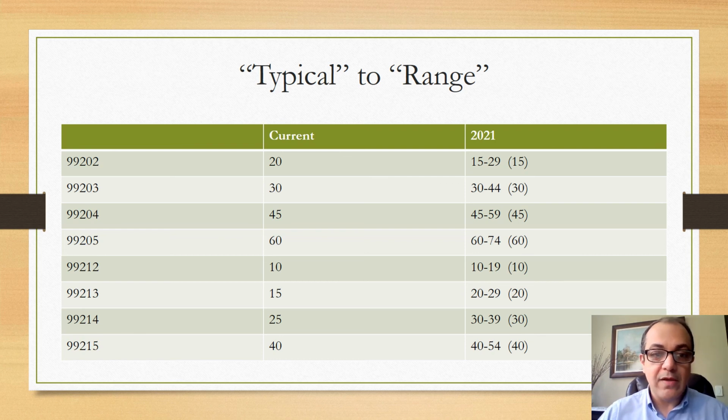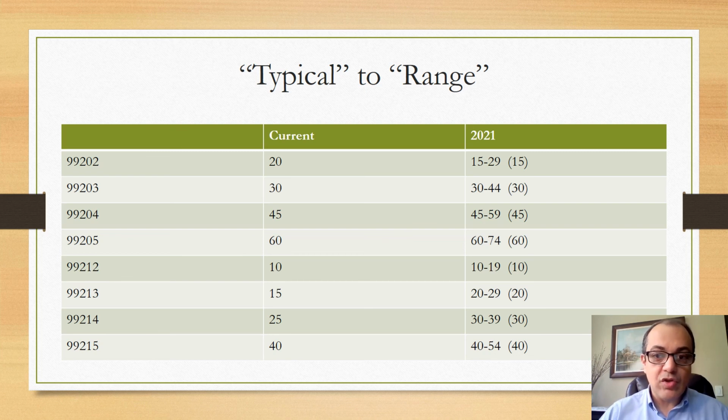For example, here in 99202, the current system wants you to write a typical time of 20 minutes, but for the new system, I put in parentheses 15, meaning that you can use 15, you can use 20, you can use 25, anything in between 15 and 29. It has to be a specific number between 15 and 29.